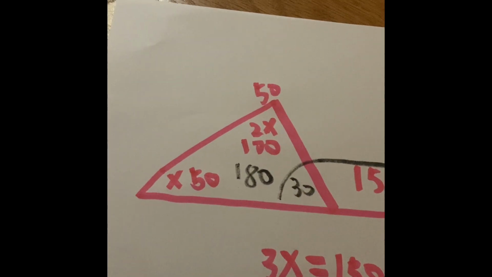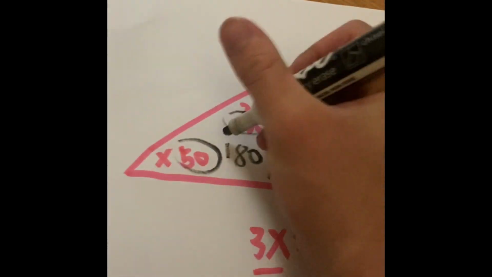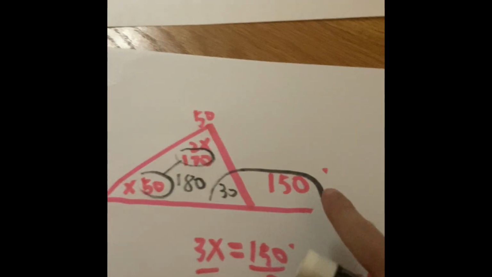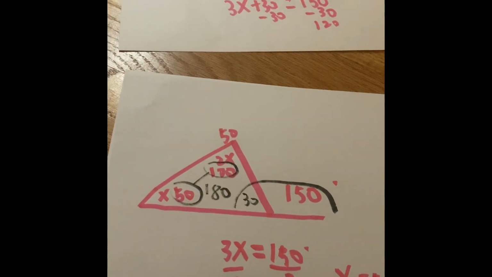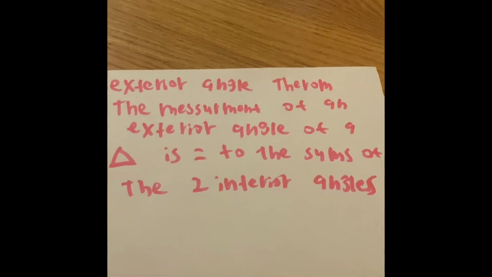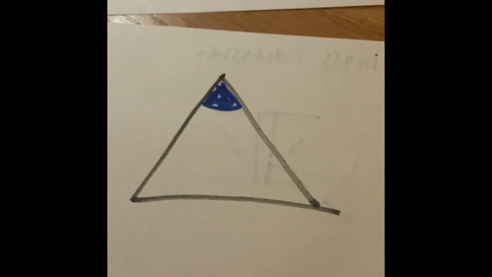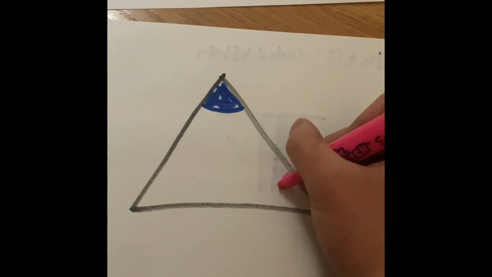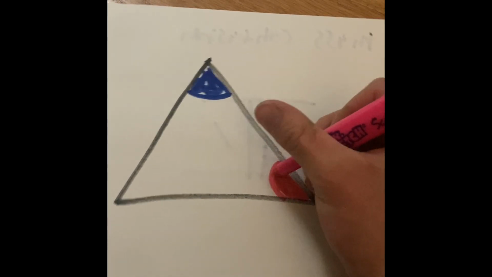And it also says that 100 plus 50 should equal 150. Yep, there it is. So we did it. We understood the exterior angle theorem. So we have learned the second theorem of triangles, the exterior angle theorem.